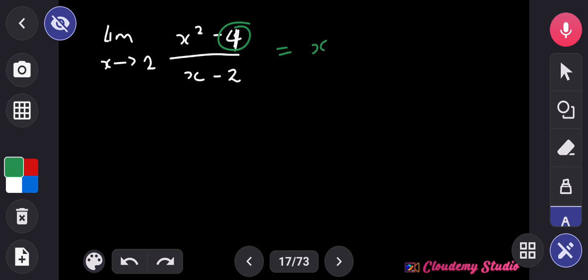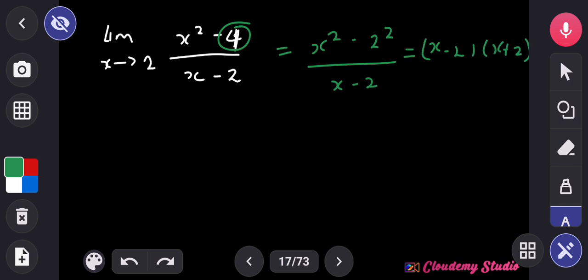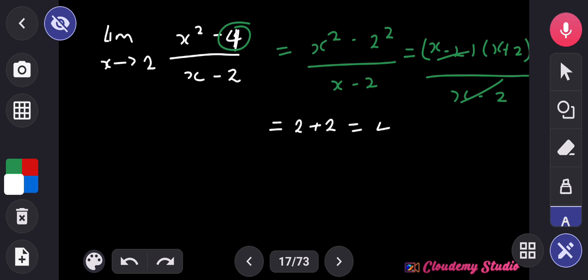We are going to have x squared minus 2 squared divided by x minus 2, and that's going to give us x minus 2, x plus 2, everything divided by x minus 2. And if we cancel out this one, we are going to have x plus 2 left, which means our answer will be 2 plus 2, and that equals 4, which means my answer for this one is equal to 4.